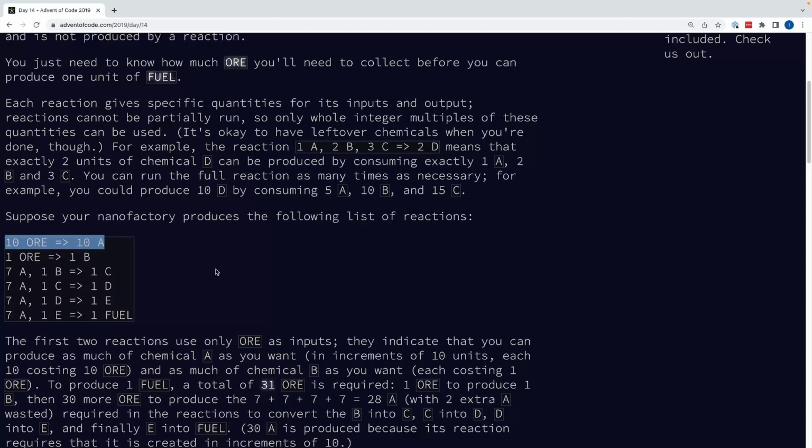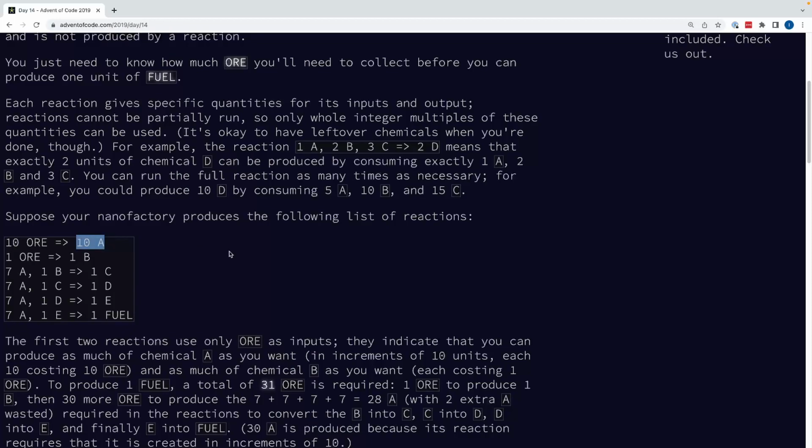Now, the important thing about this problem, and the thing that gets a lot of people tripped up, I think, is that the reactions can produce a number of units that doesn't exactly divide with what you need. So let's say that we had to make this C component here. We need 7 A components, but we only have a reaction that produces 10 A components.